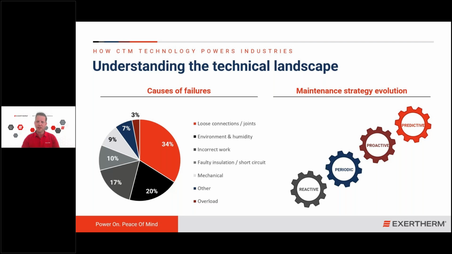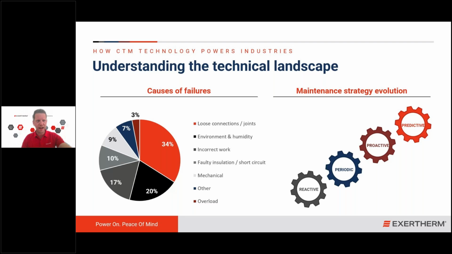So it's about the maintenance strategy evolution here, moving away from that vicious cycle of being surprised by outages and being reactive in operations, all the way step by step towards predicting and preventing failures from occurring in the first place, for running resilient operations and for keeping people safe.